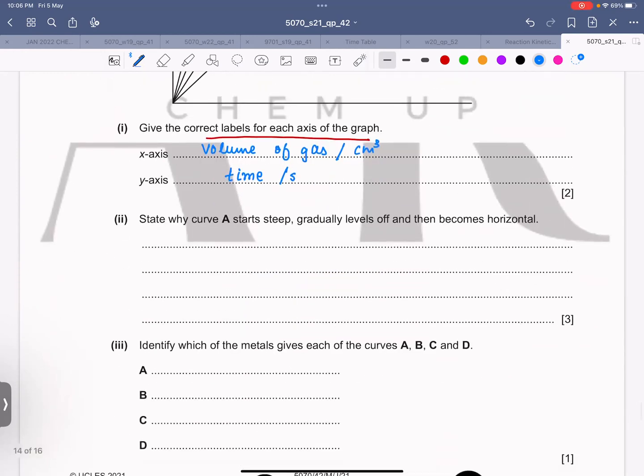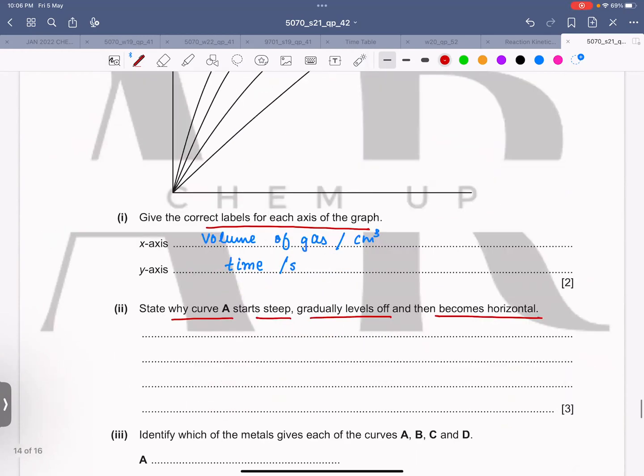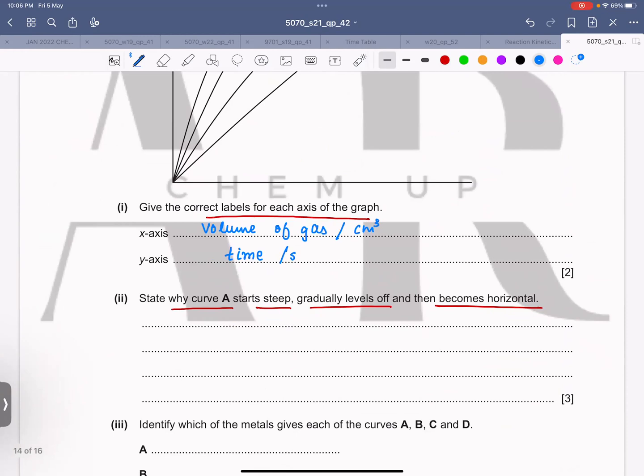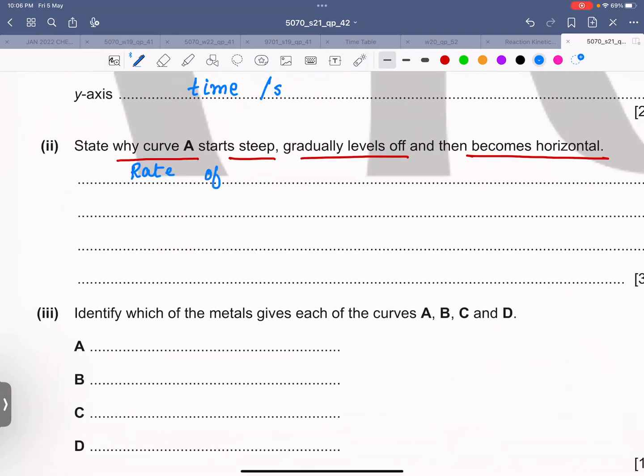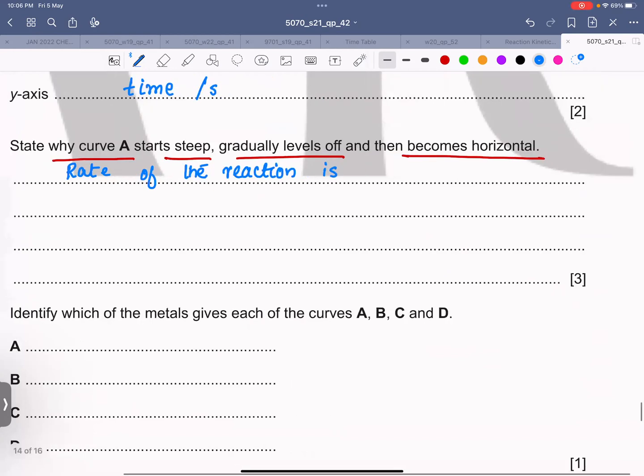Okay, now see part 2. It starts steep, gradually levels off. See, it's the steepest, right? So we can say that the rate of the reaction is fastest, as it's steep. It's 3 marks, so we have to cover 3 points.